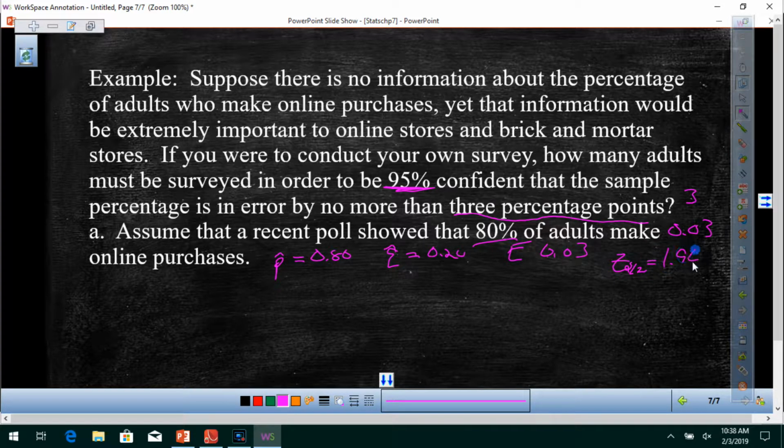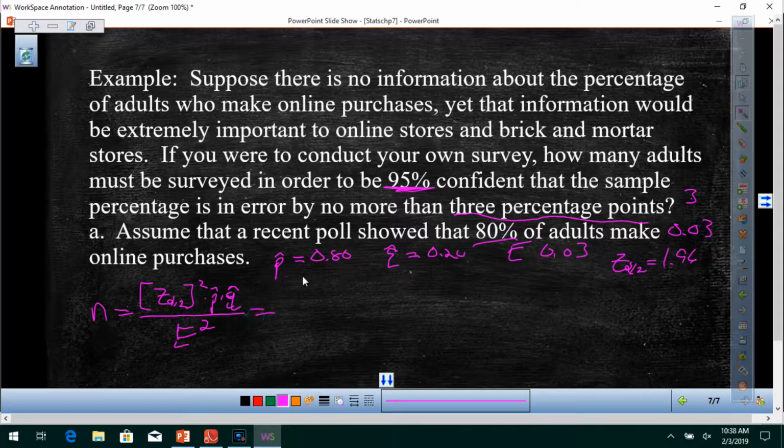We're using 95%, so Z sub alpha divided by 2 is going to be 1.96. So N equals Z sub alpha divided by 2 squared times P hat times Q hat divided by E squared.